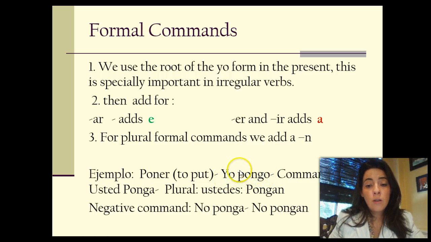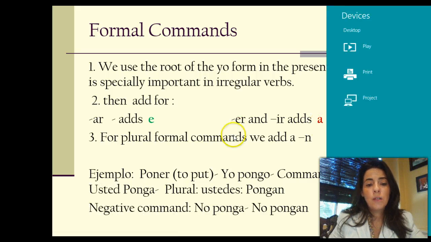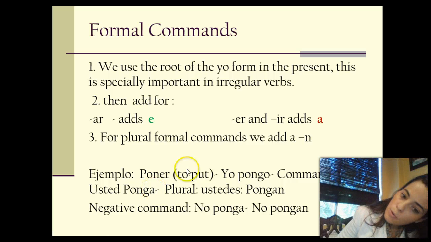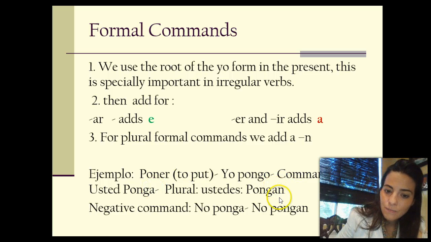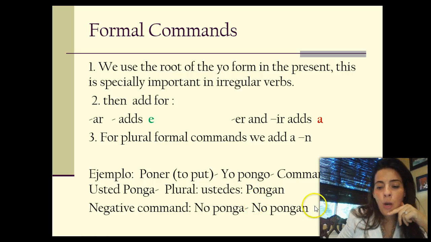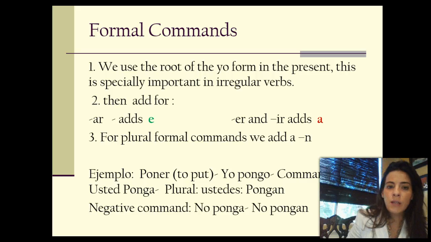So we're gonna take the root, drop the O, and then now, because it's the verb poner, we're gonna add an A. So we put ponga. And for the plural, we're gonna add an N, and we're gonna have pongan. If it's a negative command, we're just gonna have the no. We're gonna say no ponga or no pongan if it's a plural command. So that's it. This is what we have seen of formal commands.